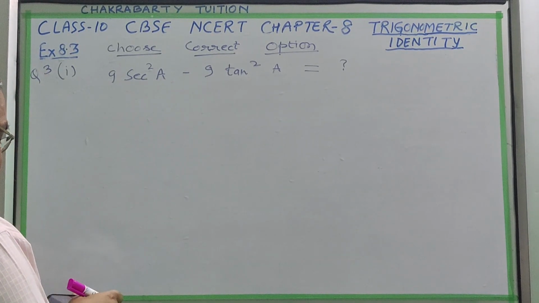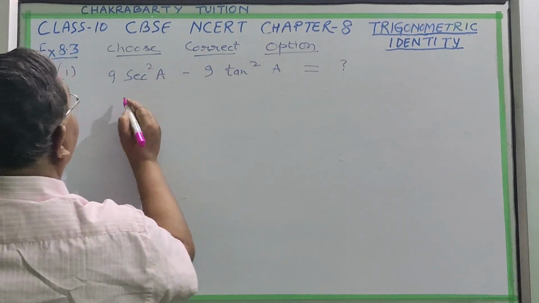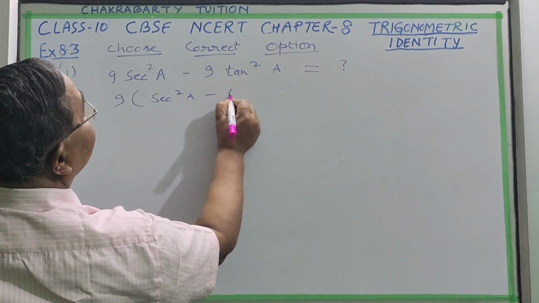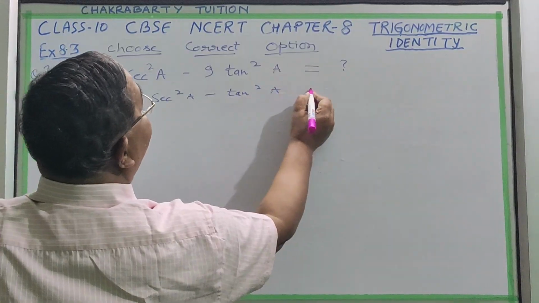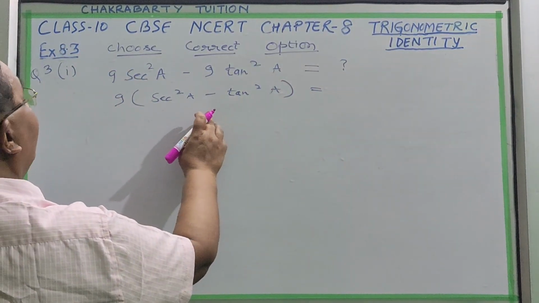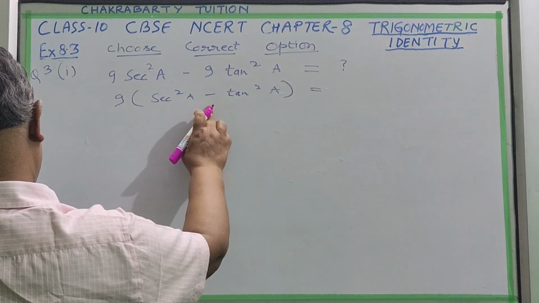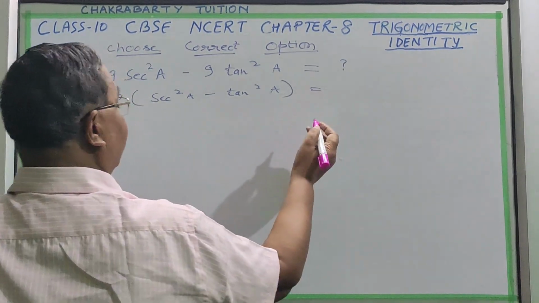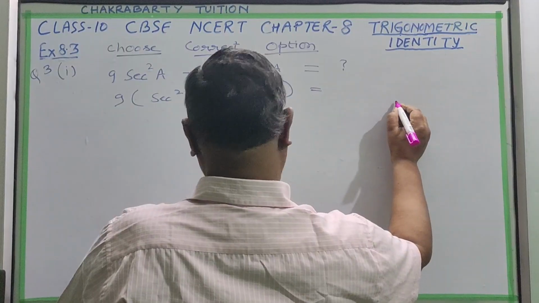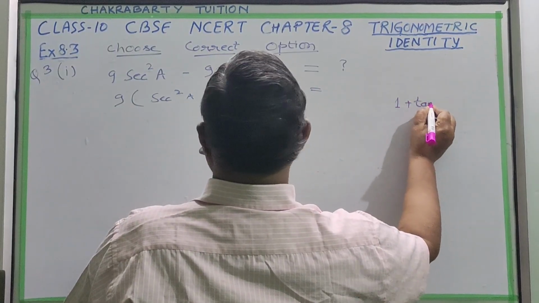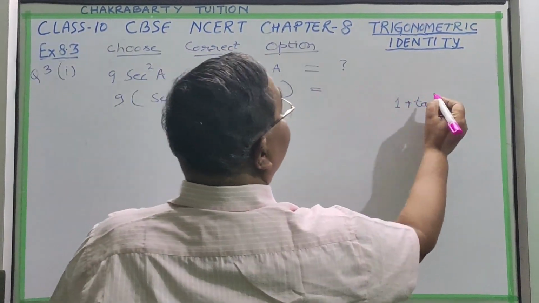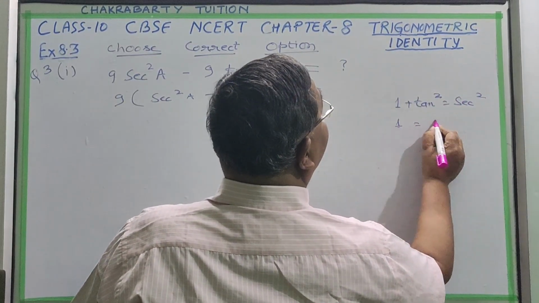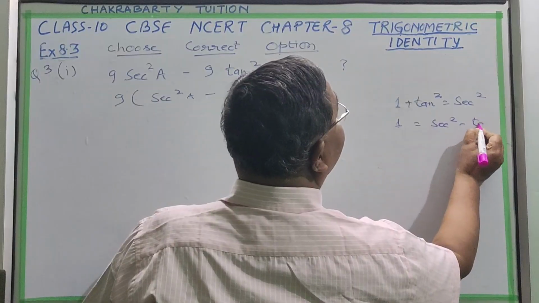You take 9 as a common factor. 9 into sec square A minus tan square A. We have a formula: 1 plus tan square is equal to sec square, or 1 is equal to sec square minus tan square.